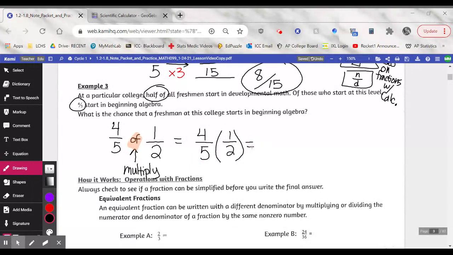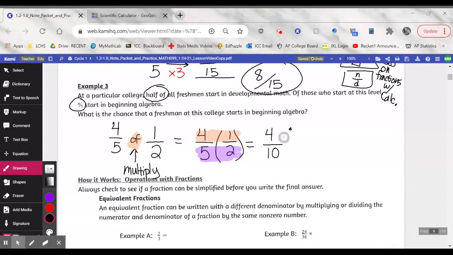If we were to do this using our math methods, you're just going to multiply the numerators and multiply the denominators. So for the top, 4 times 1 is 4. The bottom, 5 times 2 is 10. This one can be simplified.